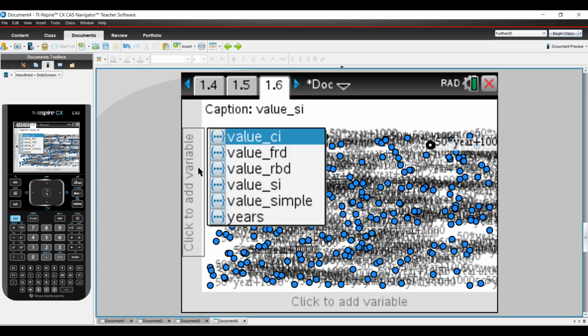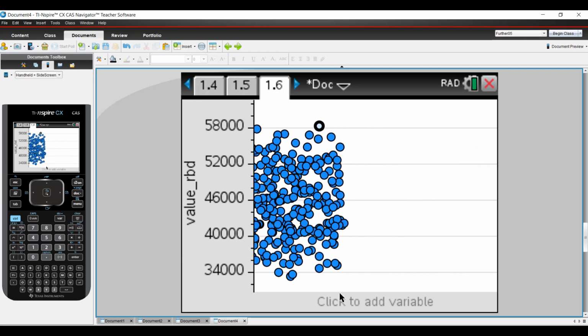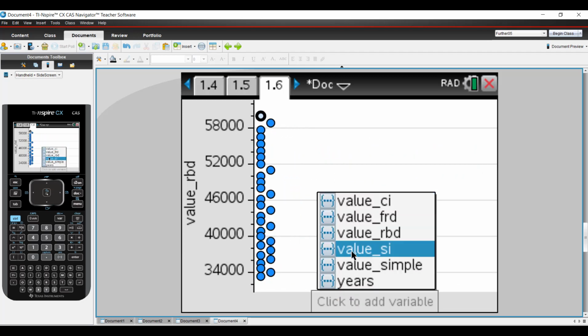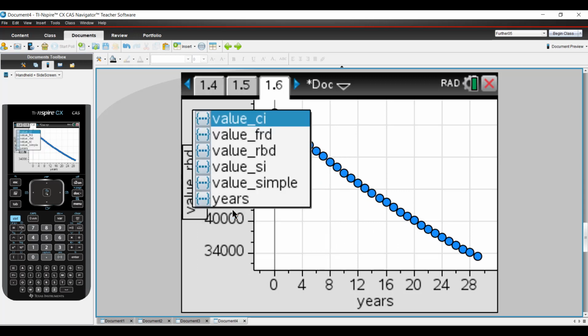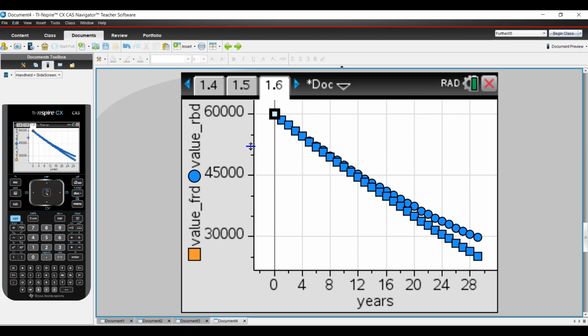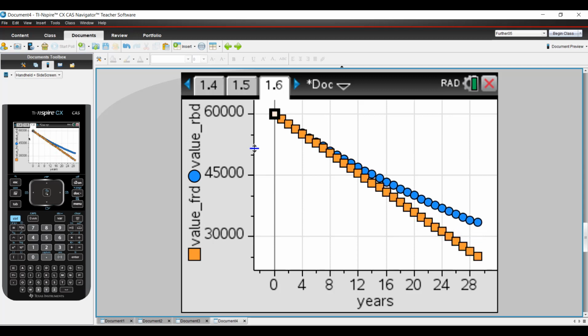So again, we had originally the reducing balance depreciation on the vertical axis. We had the years on the horizontal. Now add another y variable. So we want to go the flat rate depreciation. Okay, you can see what happens here. In the flat rate depreciation, we're dropping by 1,200. We started at 60,000, it drops down to 58,800, and it continually drops by 1,200.